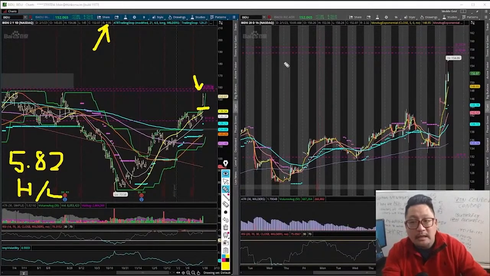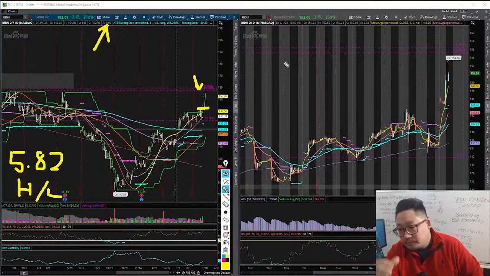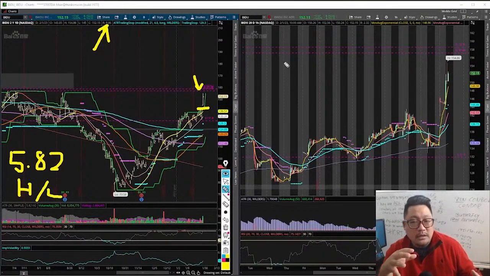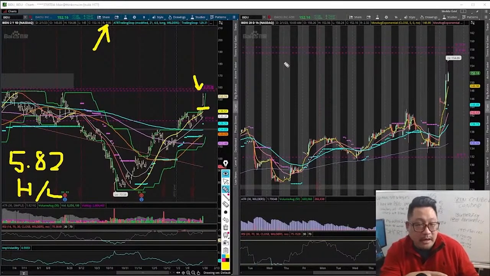And so they started piling in, and boom, next thing you know, another 4-point jump from that moment. This is really important, folks, because once stocks expand beyond that ATR, we know that pricing movement could be very, very significant.